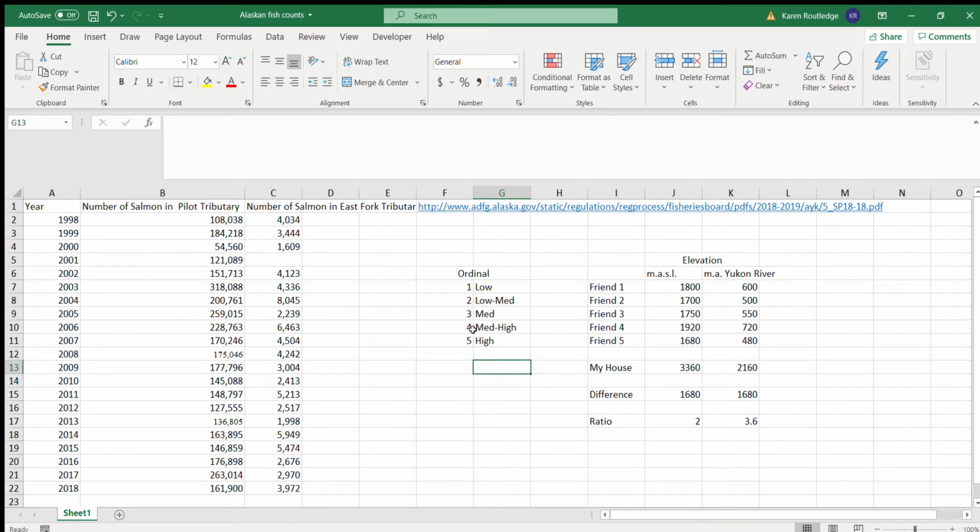We could also have an ordinal level data set that looks like this. So here we do have numbers. In fact, we may even have numbers like a 3.5 and a 4.5, depending.